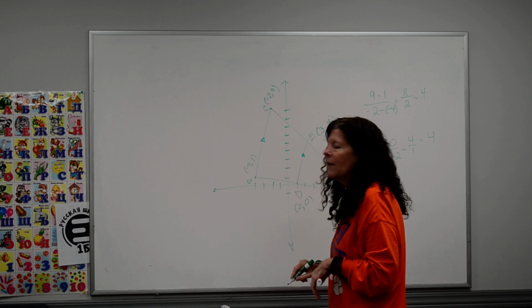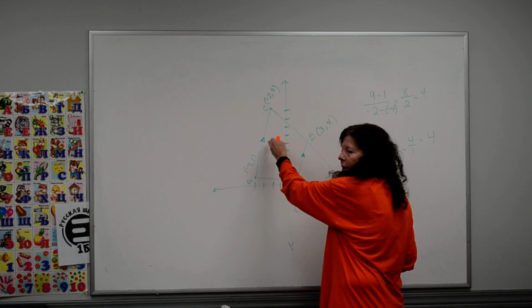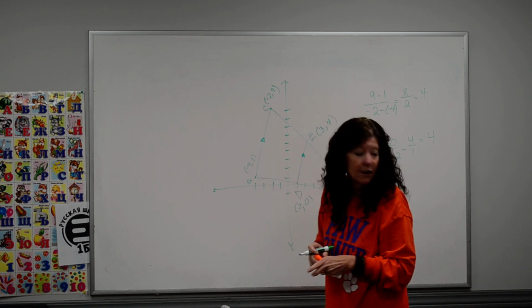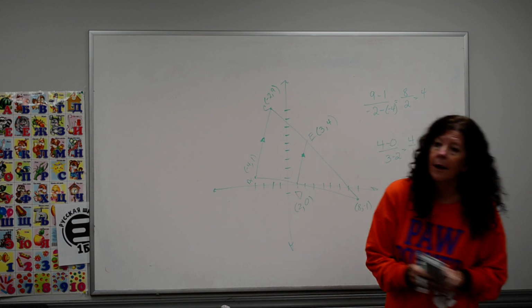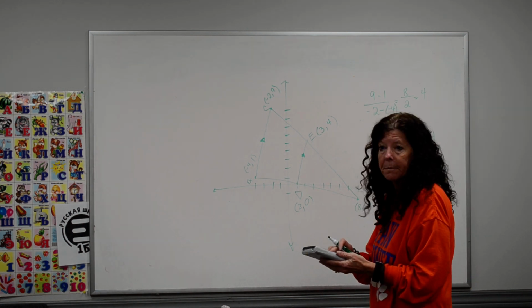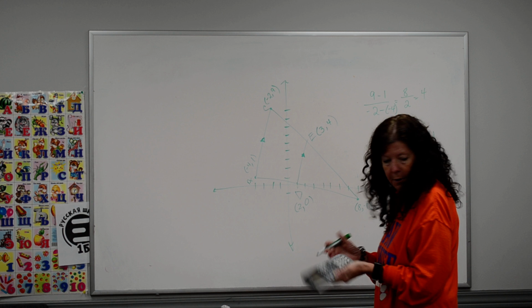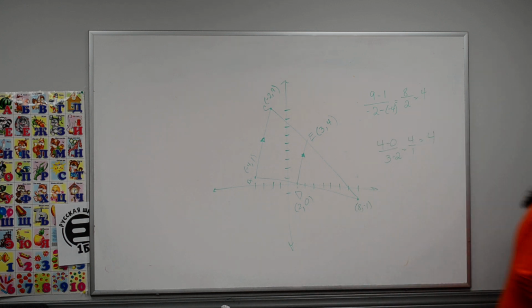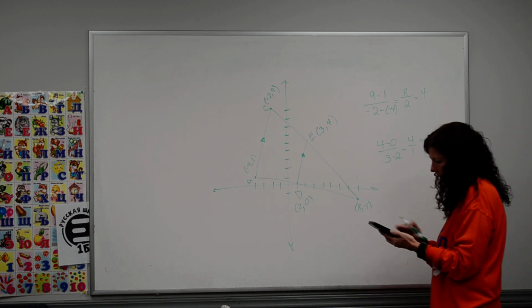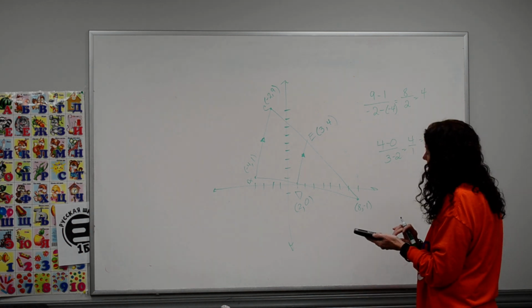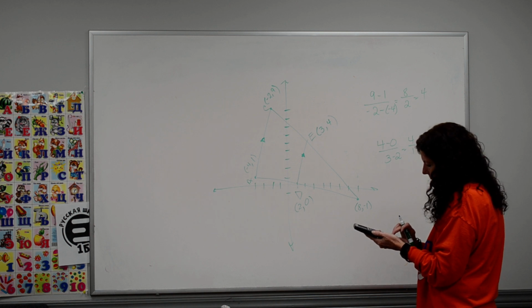Then it says verify that this is half the length of this. And you would use your distance formula. Hopefully it's found in that calculator.